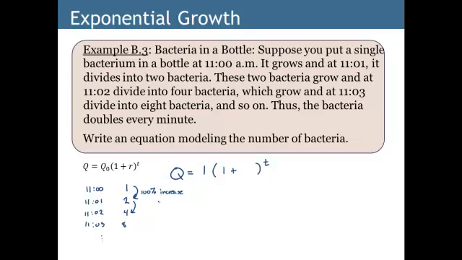So how do you model a 100% increase? That is an R of 1. And so my R value is 1 here. So we can change this equation into 1 times 2 to the T, and then you can even simplify. You don't need the 1 out in front. The quantity here is just 2 to the T power.